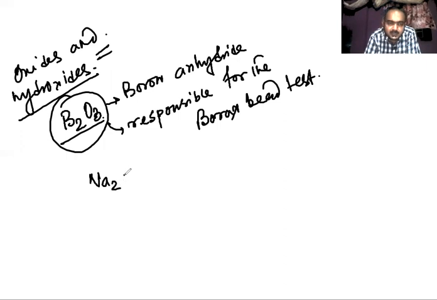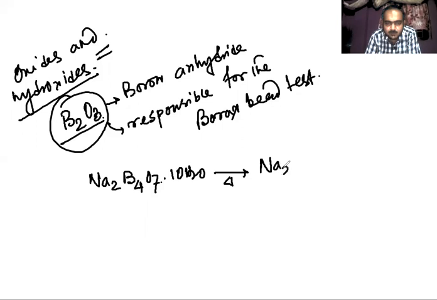Some amount of Na2B4O7.10H2O is taken on the tip of a platinum wire and heated gently, and it loses 5 water molecules, giving Na2B4O7.5H2O.